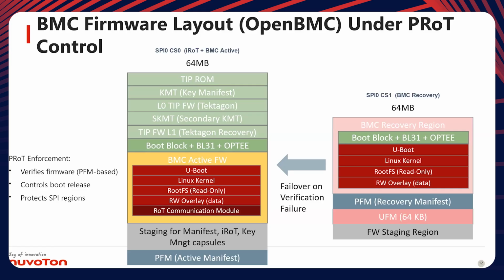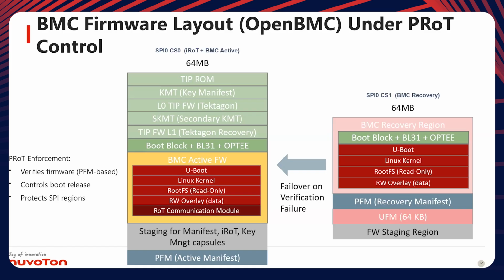What is shown here is the dual SPI layout. It can also be implemented in a single SPI, but this is the dual SPI layout. The secondary SPI basically has the recovery image, the PFM recovery manifest, and the staging area if required. So the updates are done using the staging region.